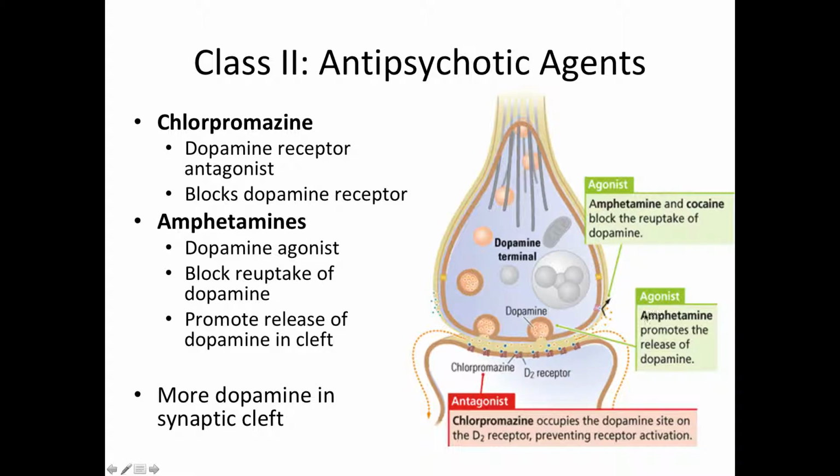Here you see amphetamine, and here you see chlorpromazine. So amphetamine is a dopamine agonist. It promotes the release of dopamine from the presynaptic cell, and then it also blocks the reuptake from the synaptic cleft. So if amphetamine causes schizophrenia-like symptoms by increasing dopamine activity, the argument is that naturally occurring schizophrenia is related to excessive dopamine action too.